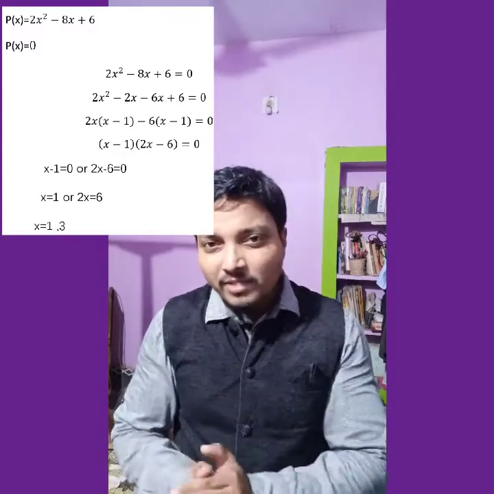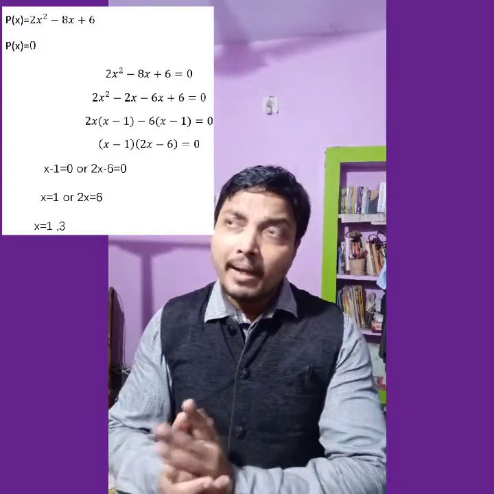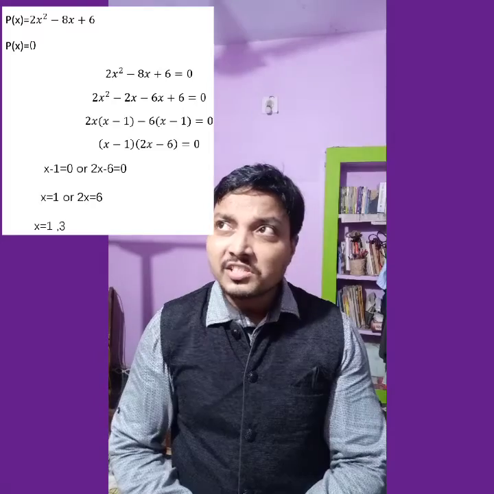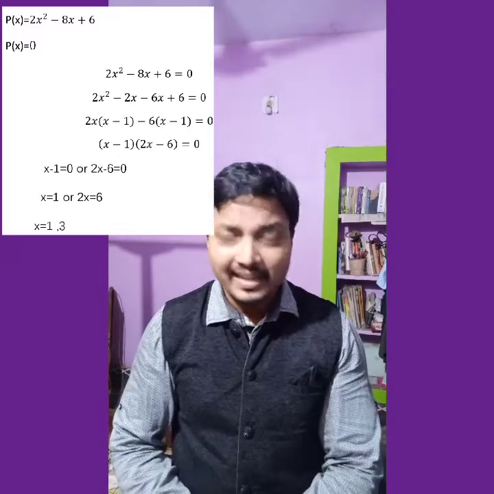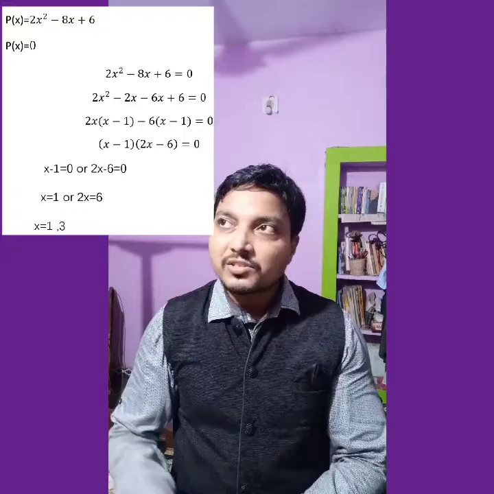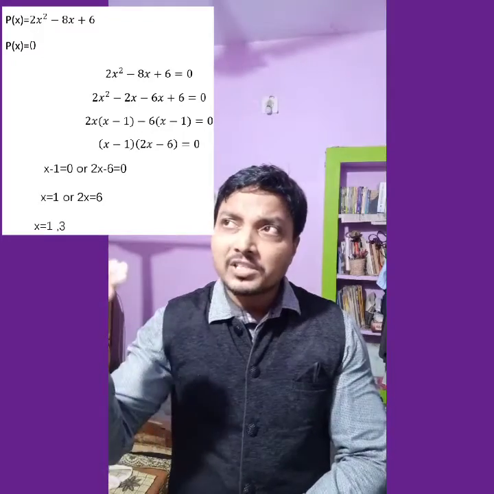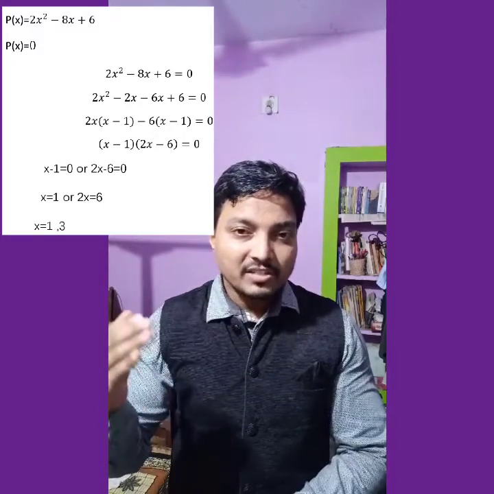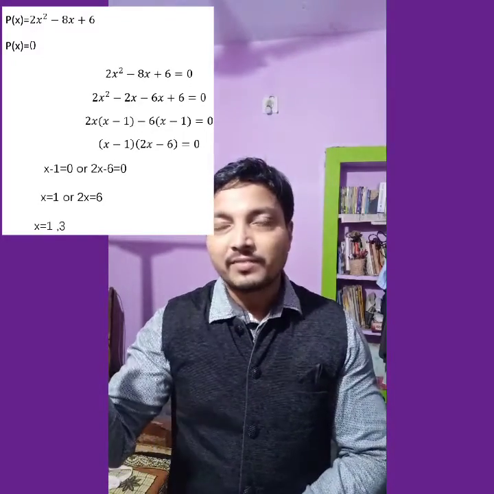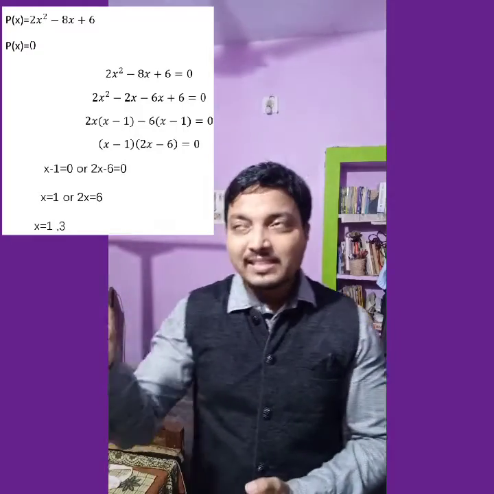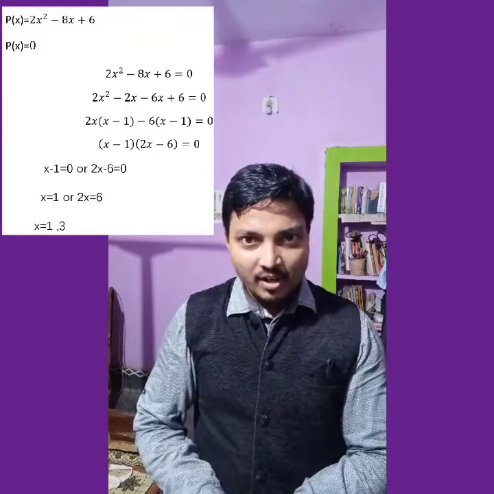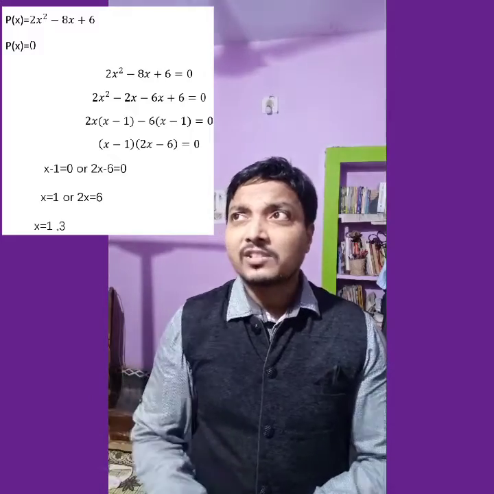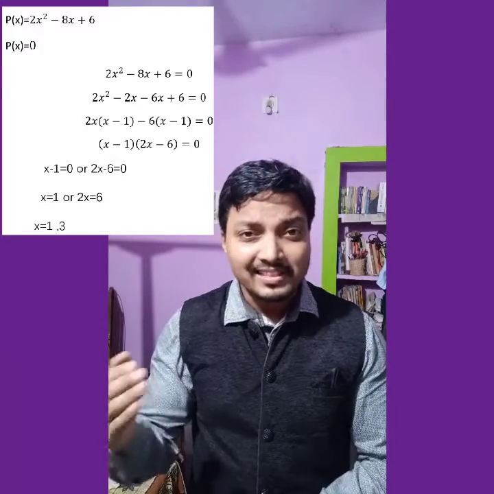Otherwise, apart from the variable, you have to break minus 8 in such a way that its product will be 12. To get 12, one must be minus 2, another must be minus 6. So minus 2x and minus 6x, their sum is equal to minus 8x, and their product is also plus 12x square.